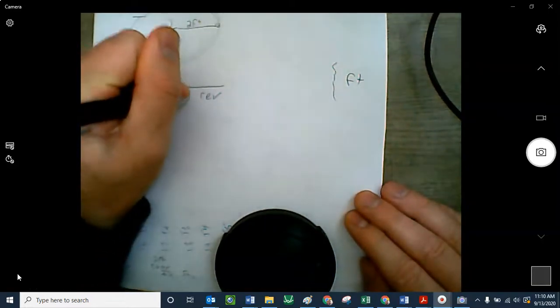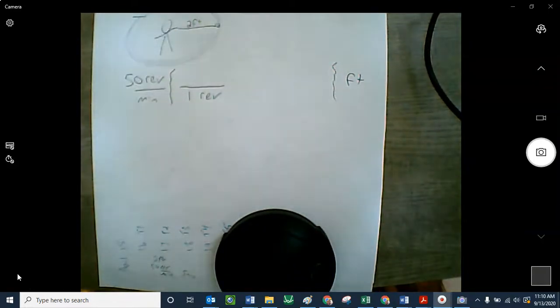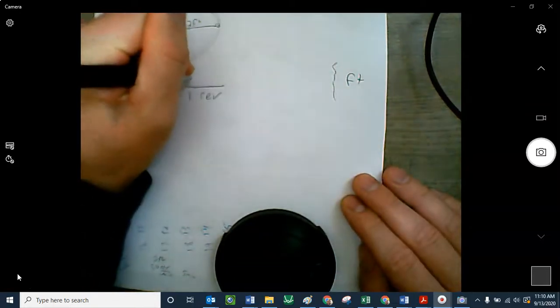So now we can take this idea of these conversion factors and apply it to what we're dealing with. I know that one revolution around a circle is the exact same thing as one circumference of that circle. One revolution is one circumference. And I know the formula for the circumference of a circle is 2 pi r, whatever the units are, feet, inches.